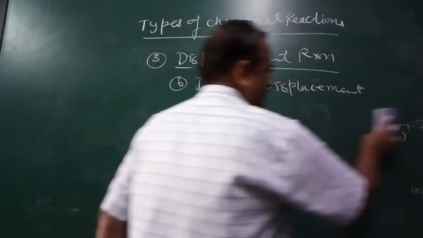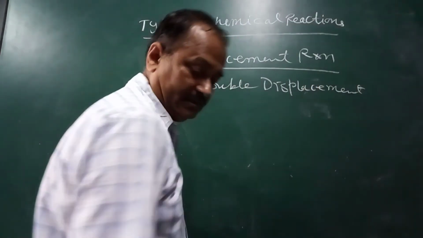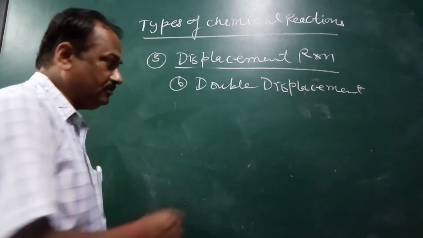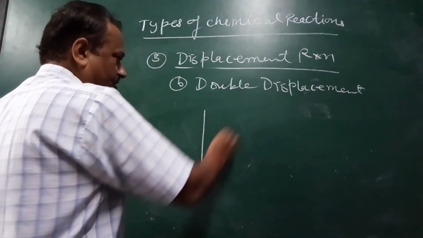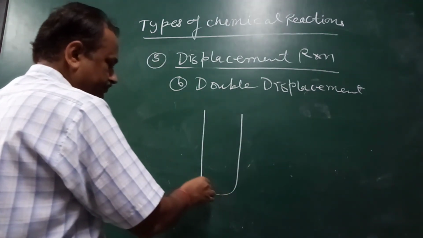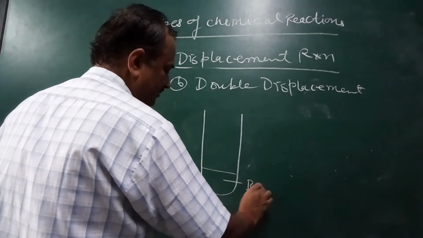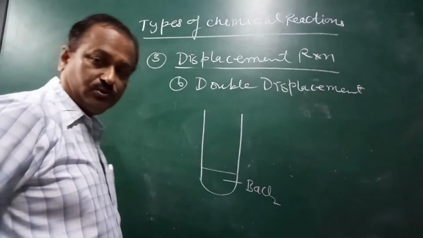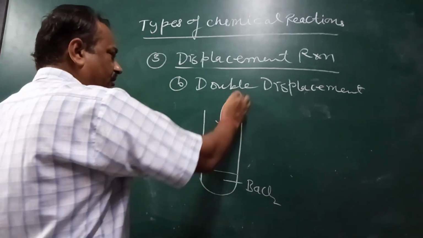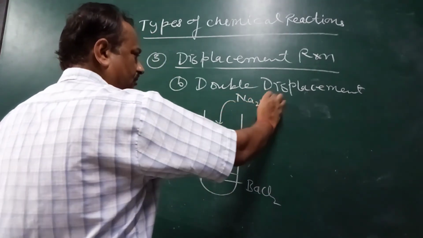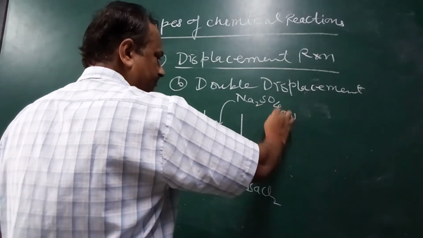We can also exhibit this by a chemical reaction. In a test tube, first we take BaCl2, then pour sodium sulfate.